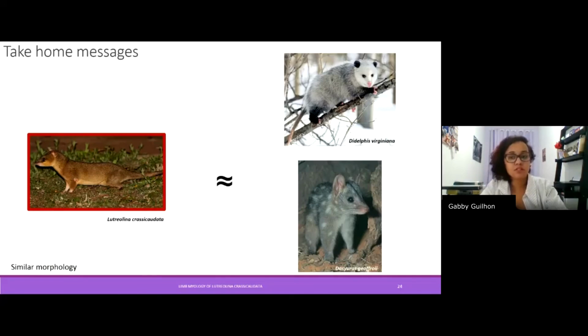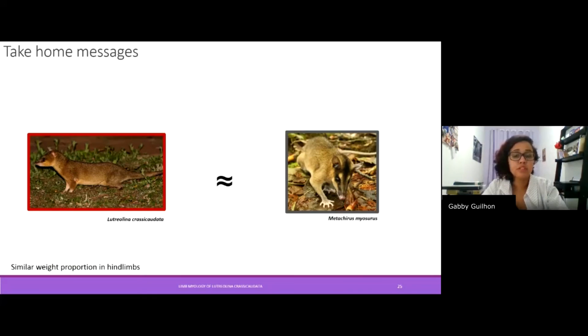So, take-home messages. The main observations in the myology of Lutreolina show its correspondence with both the Virginia opossum and the quoll morphology analyzed through literature comparisons. Lutreolina also showed a weight proportion distribution in the hind limbs very, very similar to the brown four-eyed opossum, Metachirus, the most terrestrial species in the Didelphimorphia, showing us that Lutreolina is much more terrestrial than a semi-aquatic marsupial.